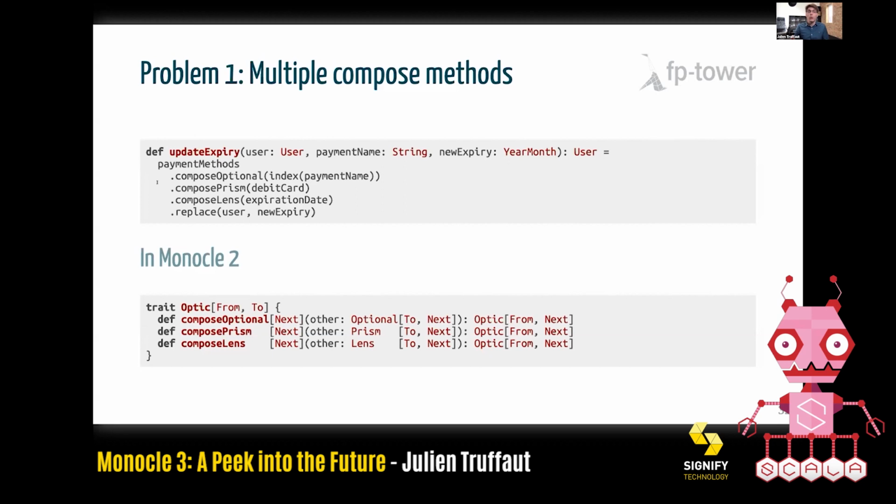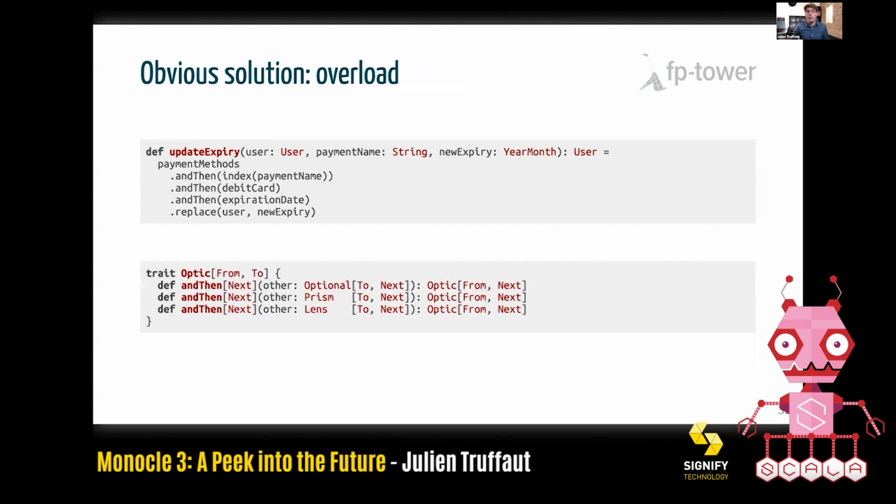If you don't know anything about optics, you don't know what an optional, a prism, or a lens is, and you probably don't want to know right now. You just want to do your stuff. So we should hide this sort of thing. It's kind of accidental complexity. We shouldn't expose this sort of thing. So why did we do this? We could very well have used overloaded methods. We may need several compose methods, but we could have given them the same name. We can do that in OOP.